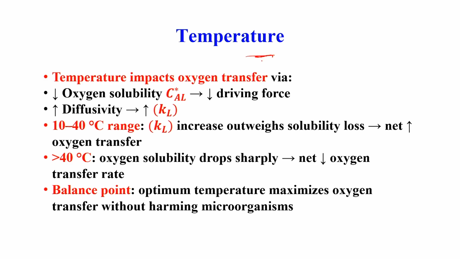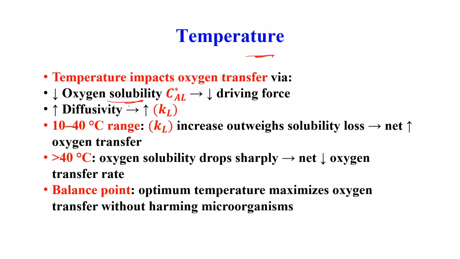Next factor we have discussed is the temperature. As we know, if you increase the temperature, the solubility decreases, and if solubility is decreasing, then delta C is also decreasing. It is a driving force.